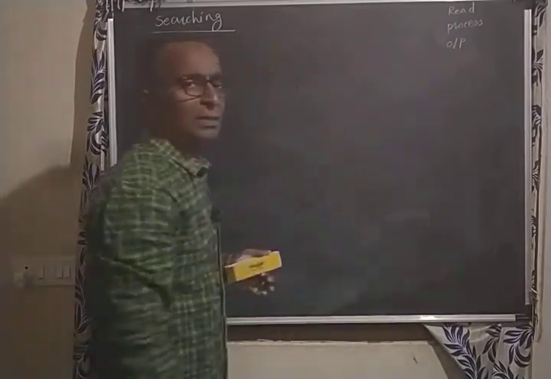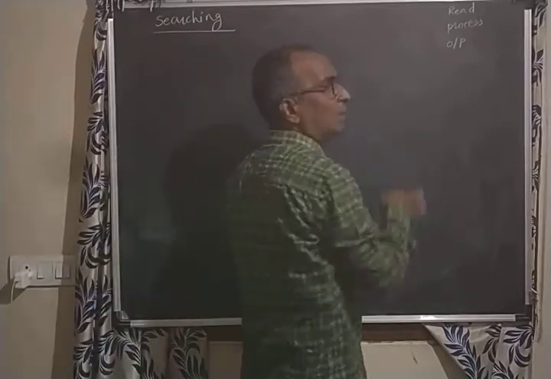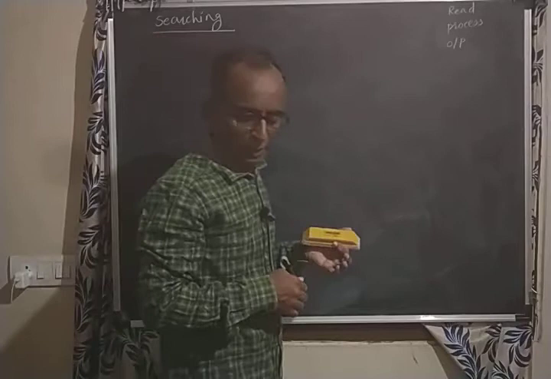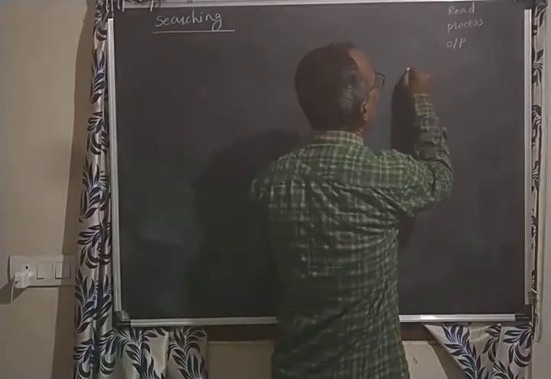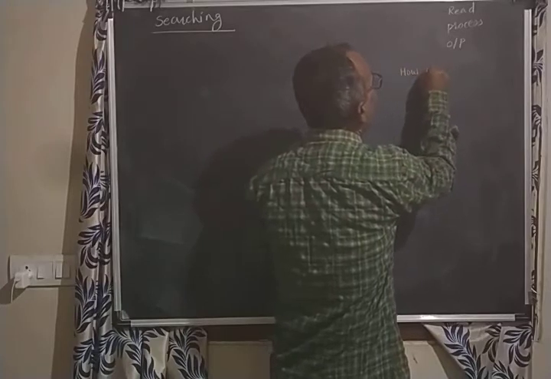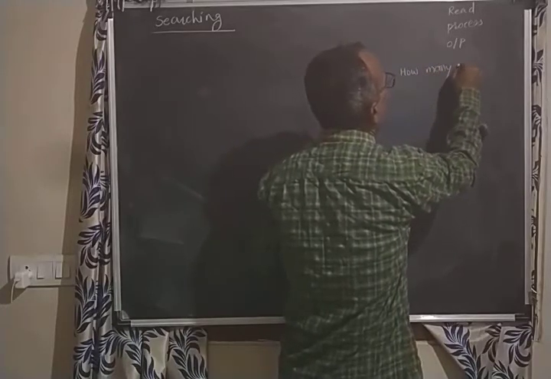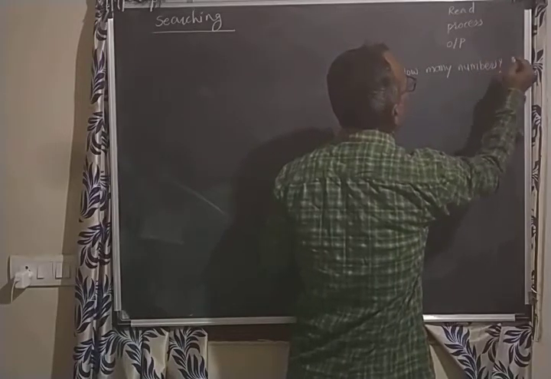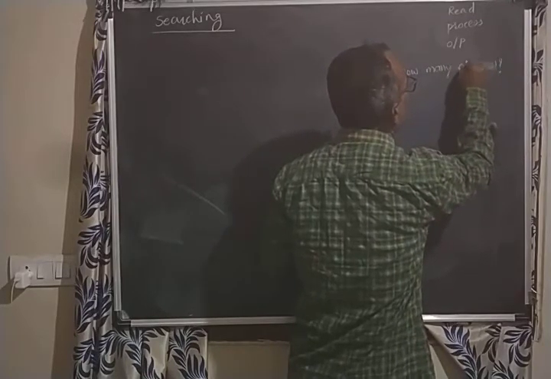In this linear search case, first you have to give how many elements will be in the list. So my expected output: how many numbers in the array or list, how many elements.